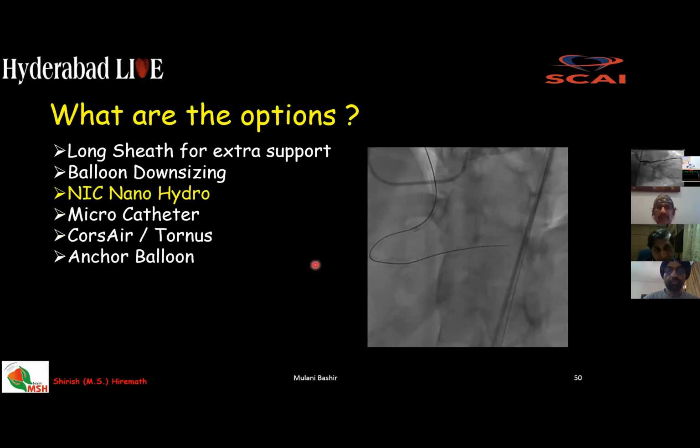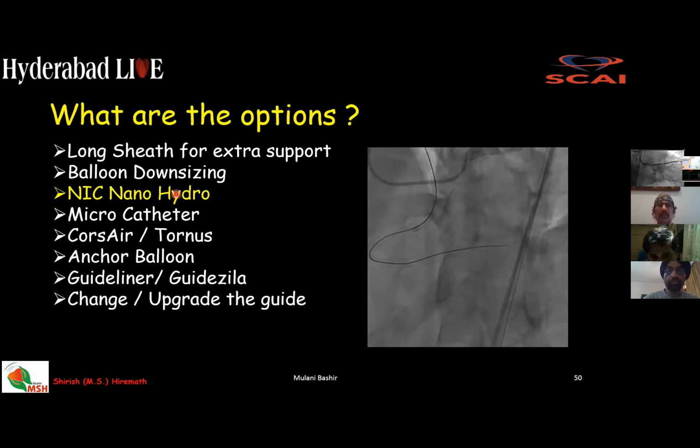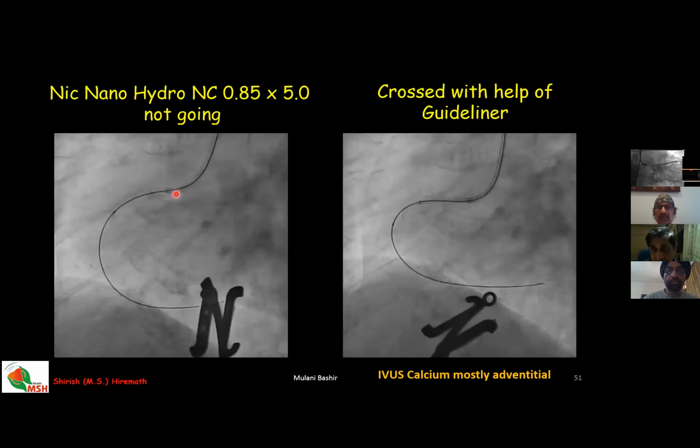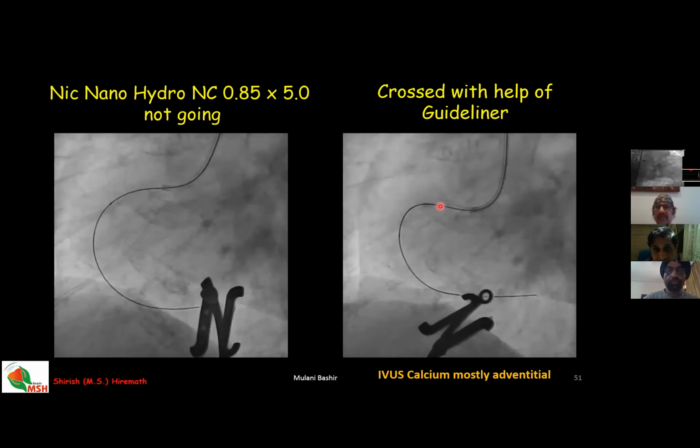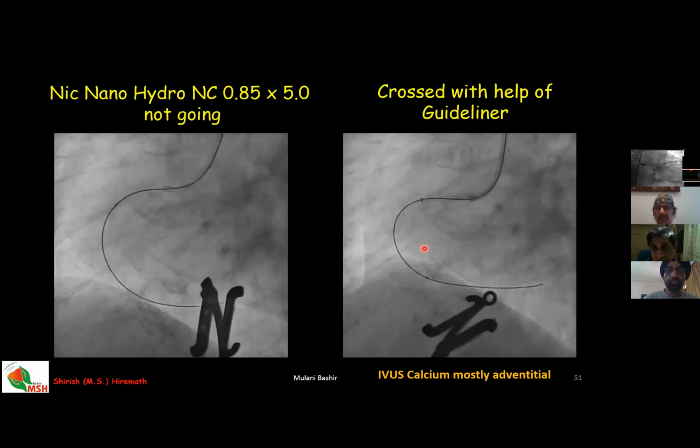We had everything to support, like a long sheath and a big diameter catheter. And then we used this balloon, NIC Nano Hydro, which is 0.85 with a short length. And this balloon crossed through with support with the guideliner. So this is what we used.